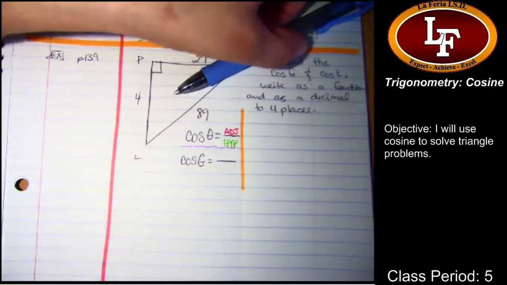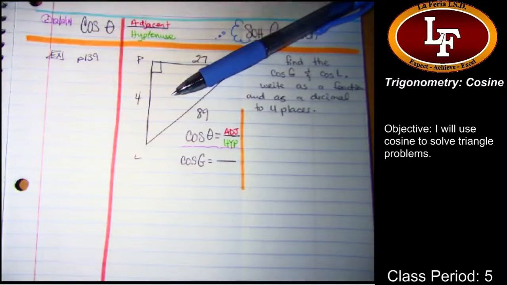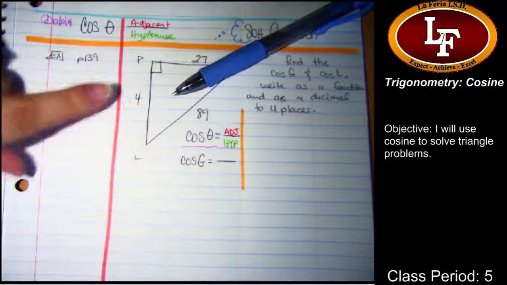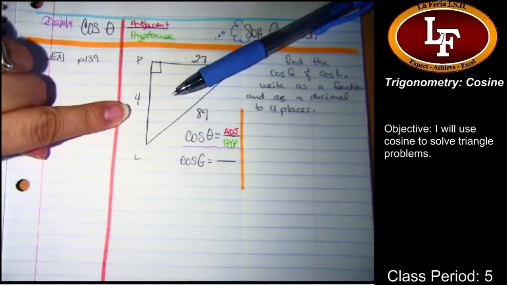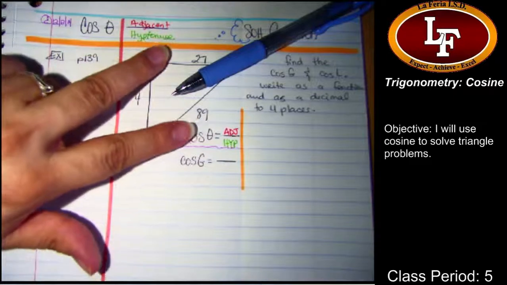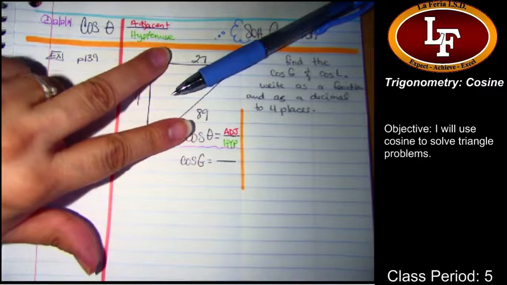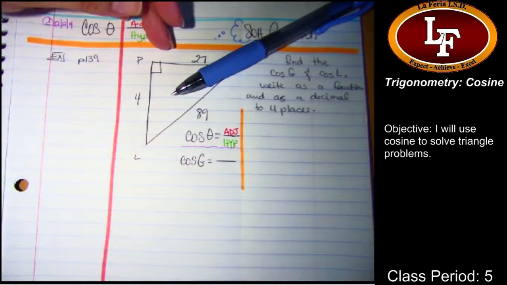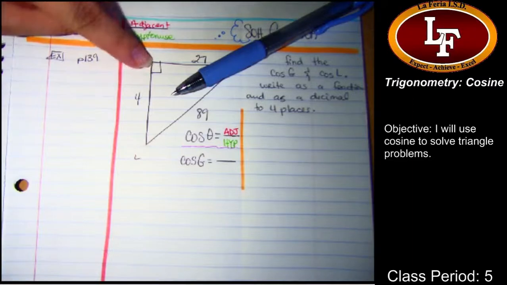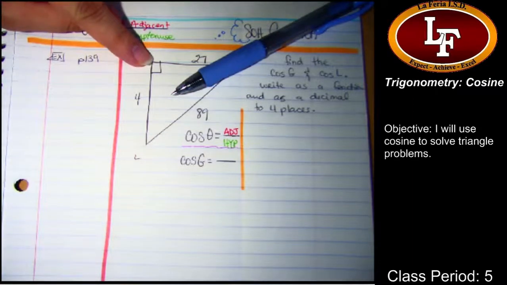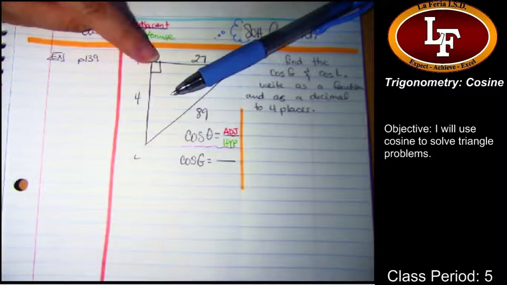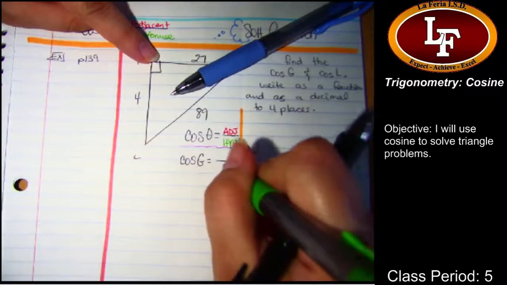We're going to put a pen and cover angle G. But this time, to find the adjacent, it's not the side that's being pointed at, but one of the two sides that's next to the pen. The big question here becomes, which one's which? So you have to identify the hypotenuse first, which is 89. It's always the biggest and the one across from the right angle. So 89 is the hypotenuse.